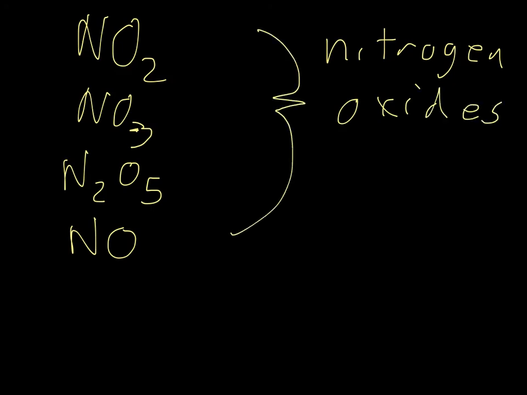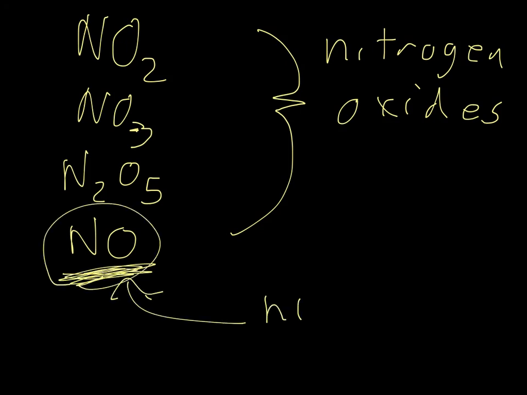All of these guys. However, if I want to talk about just that compound right there, that compound is nitrogen monoxide. So that's the reason we have to include that mono on that second element there. Just in case you were curious about that. And I knew that you were.